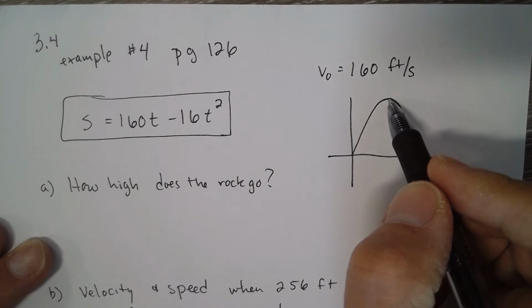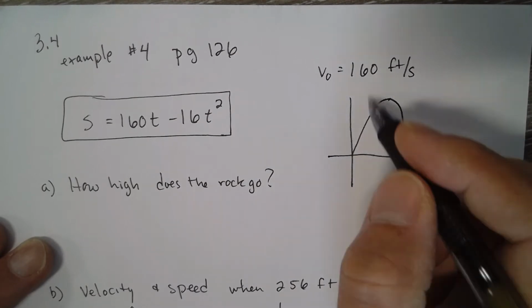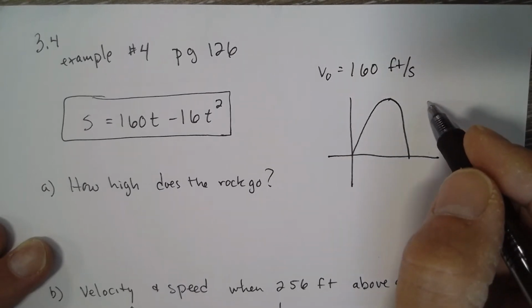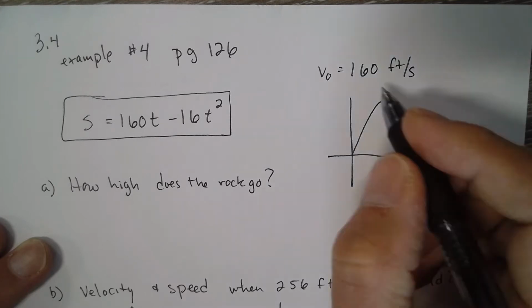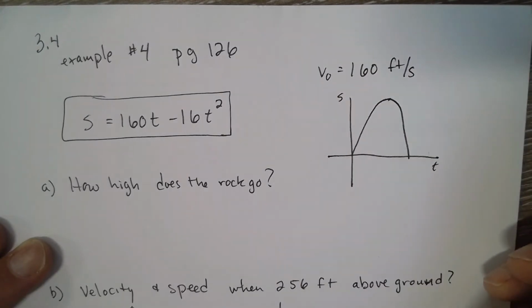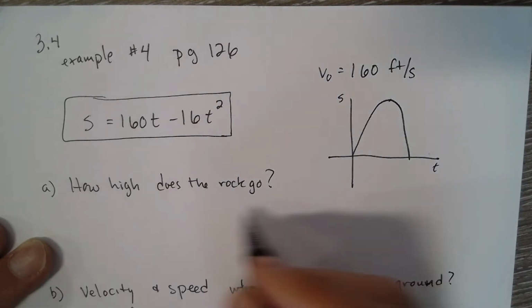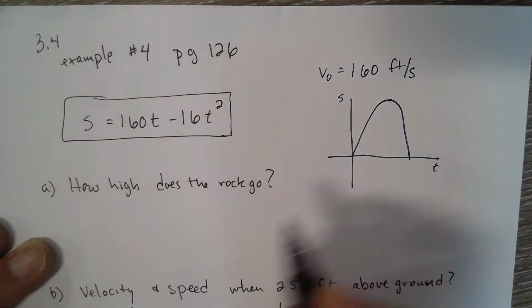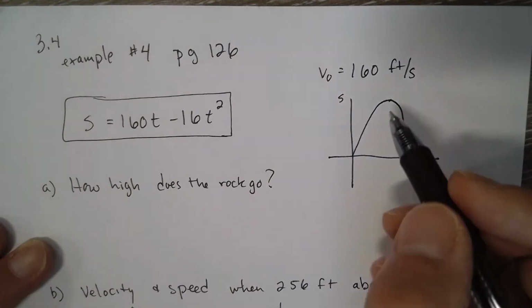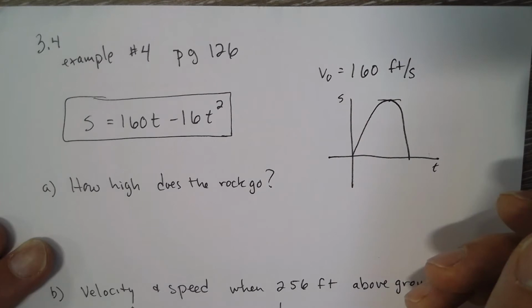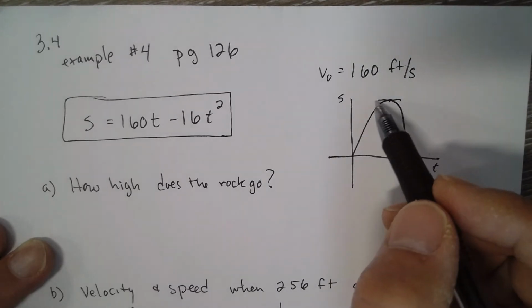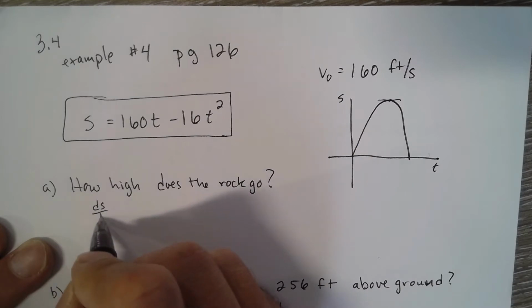We're only talking about vertical velocity, so imagine it goes up, it's basically stopped, and then back down. So this is height versus time. It has a horizontal tangent, so the derivative of s, which is velocity, is 0 at that point.